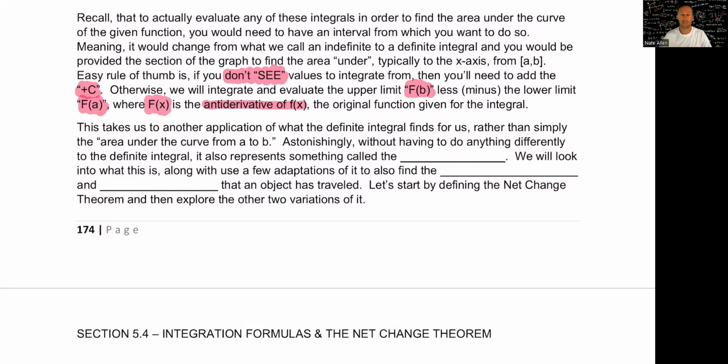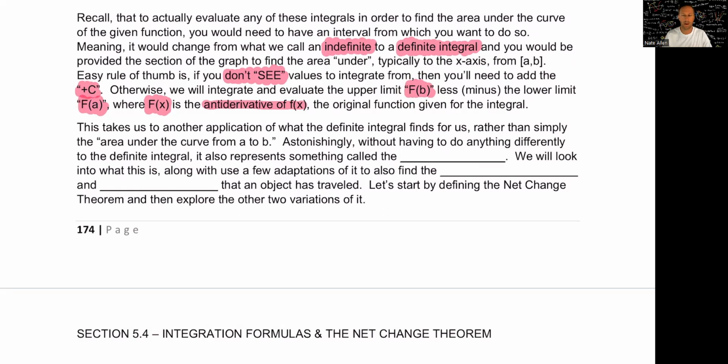But if you have what is called an indefinite integral and you don't see those values a and b, then you're going to have to put the plus c possibility at the end. But if it's a definite integral, it's defined from some value to some value, then you will take the upper limit, we call it, and subtract it from the lower limit. And that provides us the area under the curve.